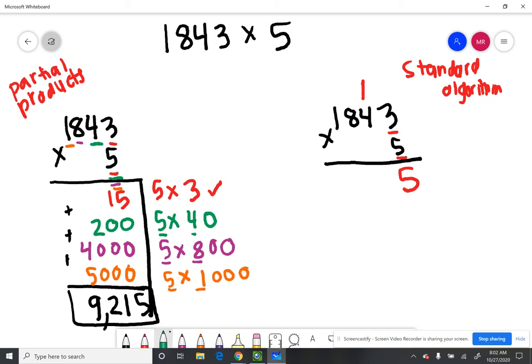Okay, then I'm going to do the same thing. I know my next move is this 5 times this 4, right? Now with standard algorithm, technically I am looking at the place value, but I'm already writing it right away. So I can do 5 times 4 is 20, and then I add this 1 to get 21.